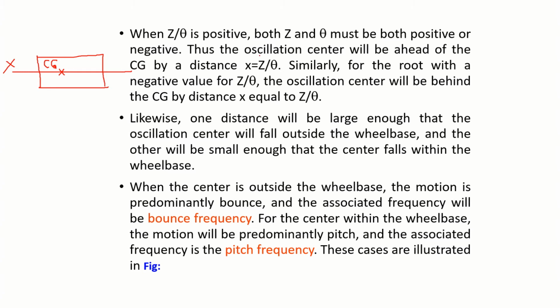So the oscillation center will be ahead of the center of gravity by a distance x equal to z by theta. Or you can say z is equal to x theta, we can write.